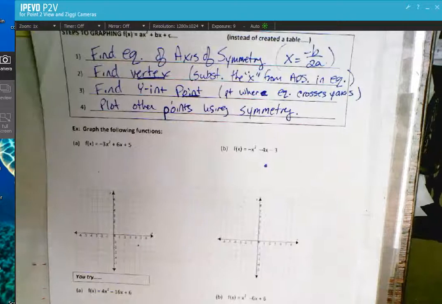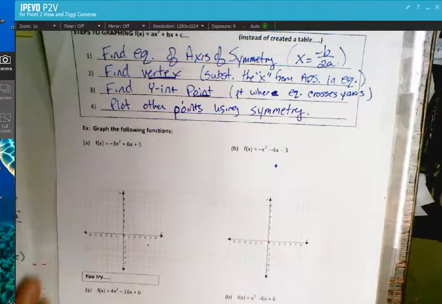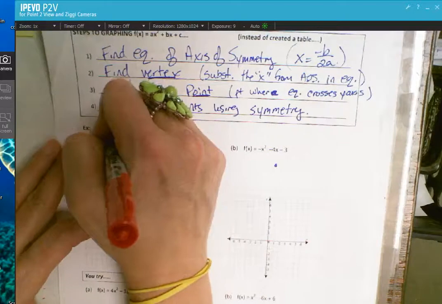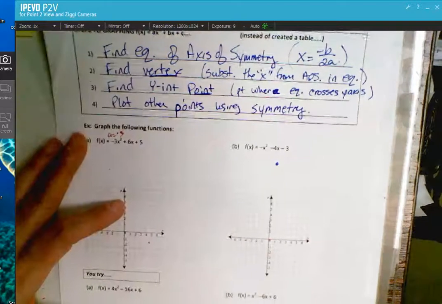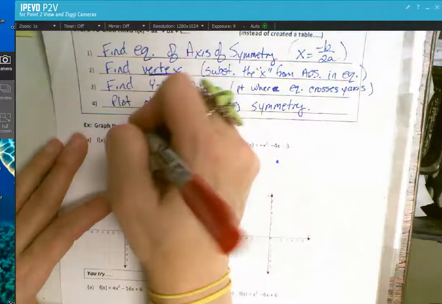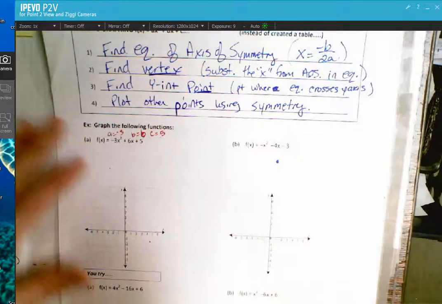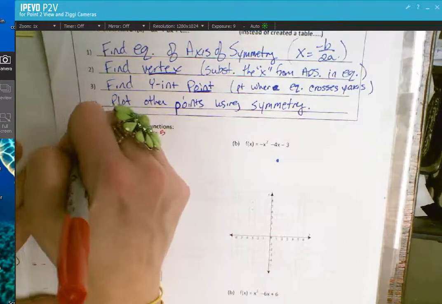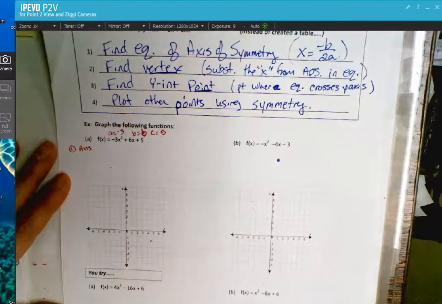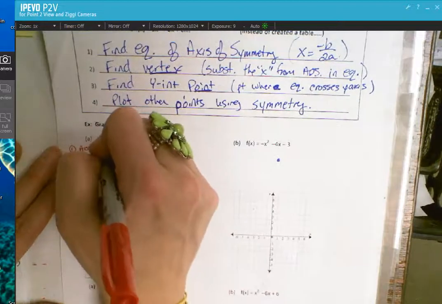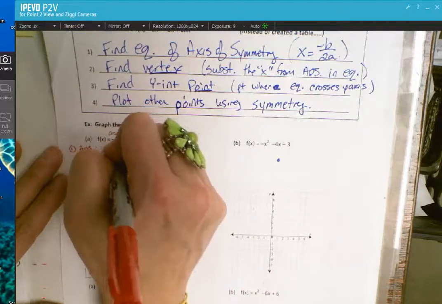So let's take a look at the following. Graph the following functions. We want to use our 4 steps that we have here. So we are first going to identify, hey, I have a equals negative 3. A is negative, so it should be downward facing. B is equal to 6, and C is equal to 5. Step 1, find your axis of symmetry. We know our axis of symmetry is x equals negative b over 2a.